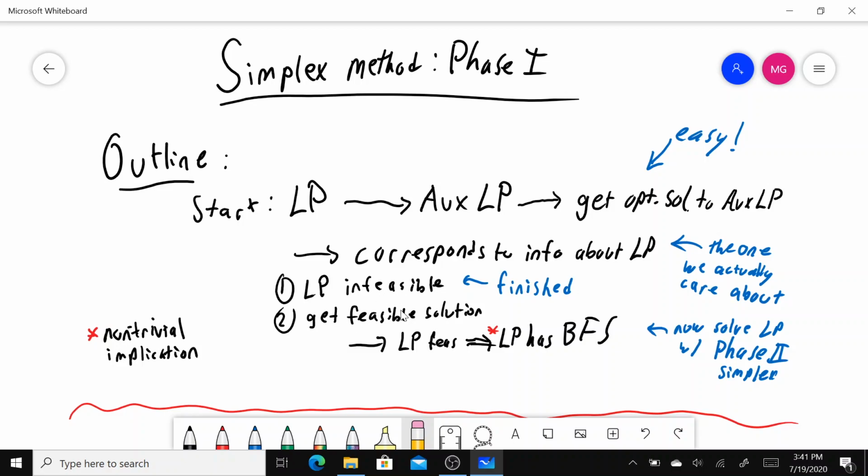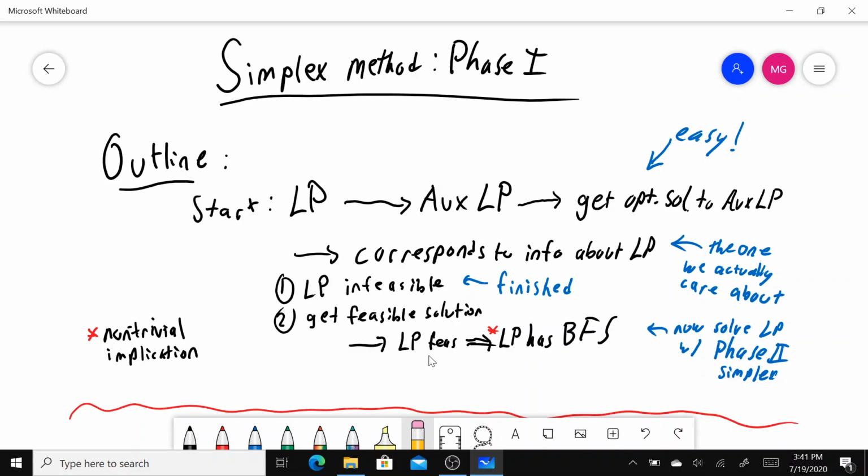On the other hand, if you have a feasible solution, it's a fact that any linear program with a feasible solution also has a basic feasible solution for some basis. I put an asterisk there because that's actually a non-trivial implication.